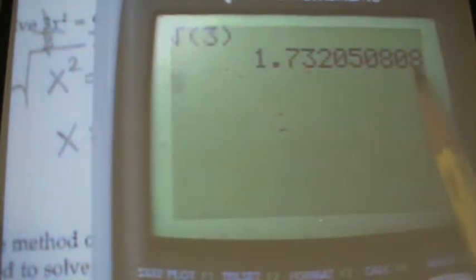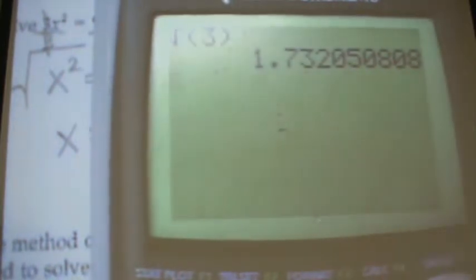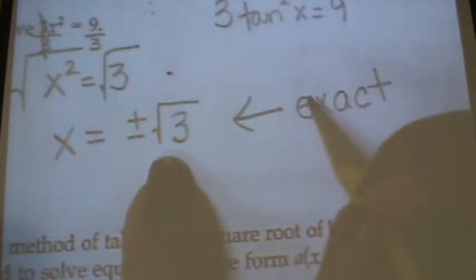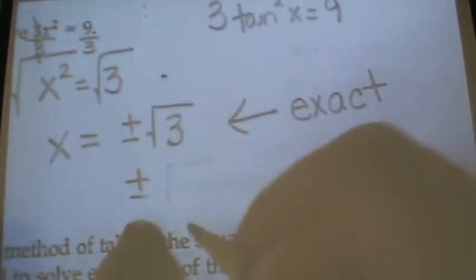This is an estimation of this answer. These are exact. So in the directions, when it says, give me exact answers, these are exact. Estimated, plus or minus 1.7.